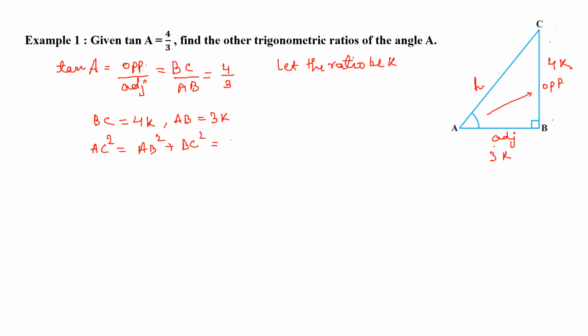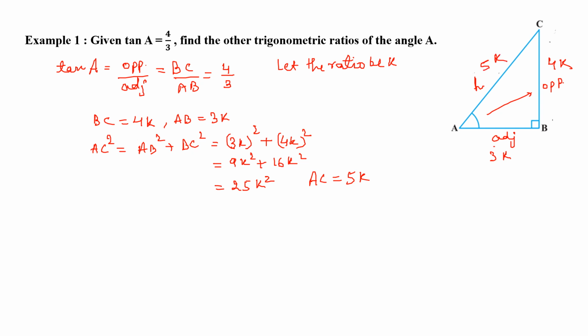And AB square means 3K whole square plus 4K whole square. 3K whole square is 9K square plus 16K square, which will give you 25K square. So the value of AC will be 5K, isn't it? Square root of 25 is 5 and square root of K square is K. So the value of AC is 5K.